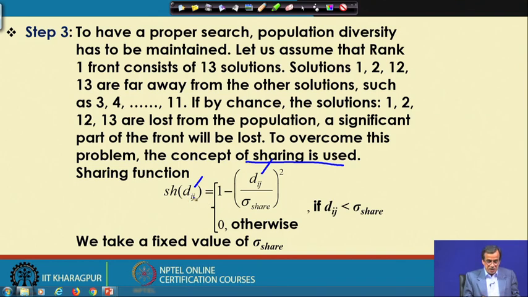So, the sharing between 2 points is sh(d_ij), and that is nothing but 1 minus (d_ij divided by sigma_share) squared, if d_ij is less than sigma_share. Otherwise, the sharing between the 2 points i and j will be assumed to be equal to 0.